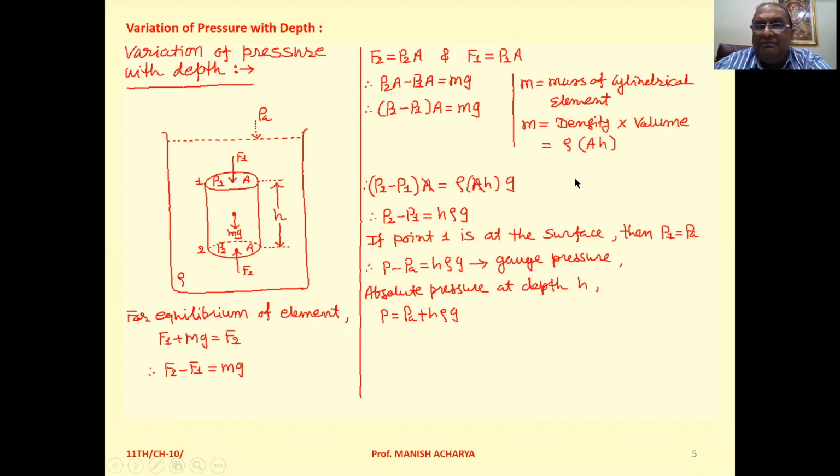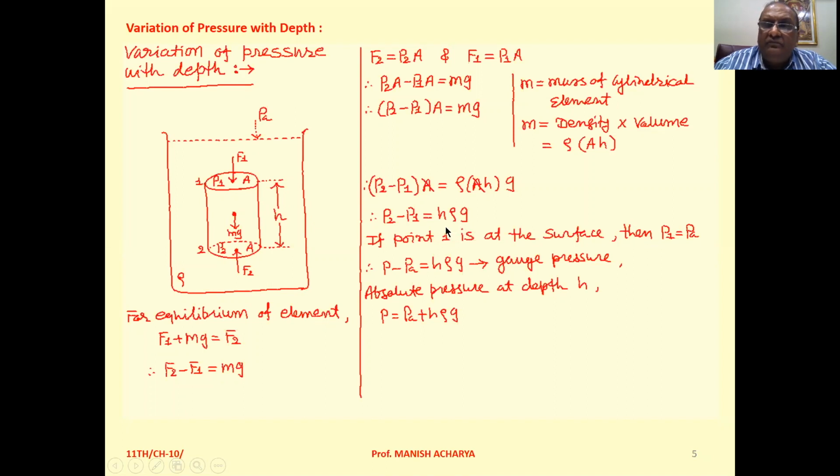Replace mass m by rho Ah. So we can write P2 minus P1 into A equals rho into A into h, with g as it is. So A cancels from both sides. Resultantly, we get P2 minus P1 equals h rho g.